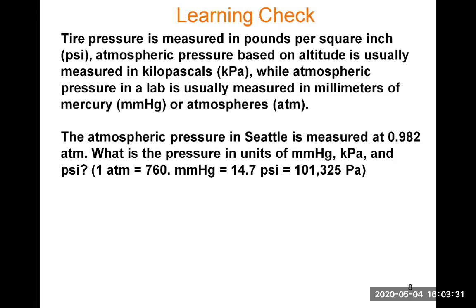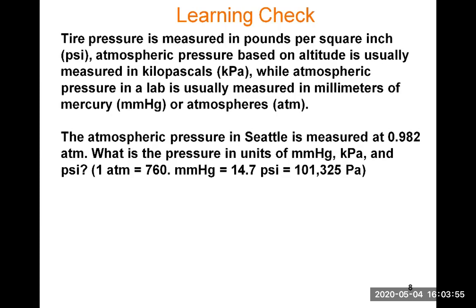So let's do first the conversion of 0.982 atmosphere into millimeters of mercury. For this, we will need the equality that converts millimeters of mercury to atmosphere, the one written here as the first equality: 1 atmosphere equals 760 millimeters of mercury.